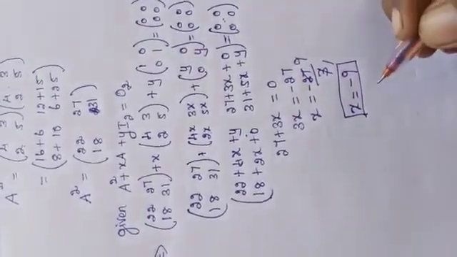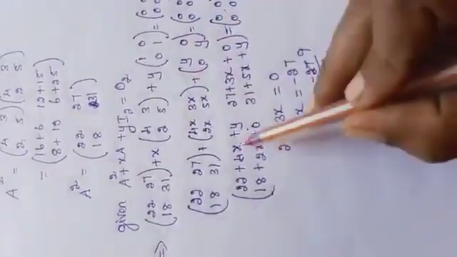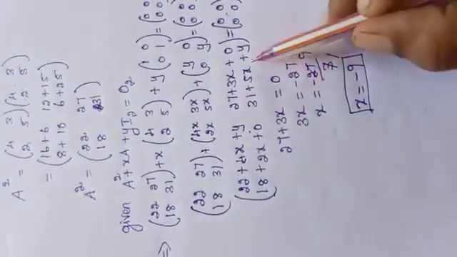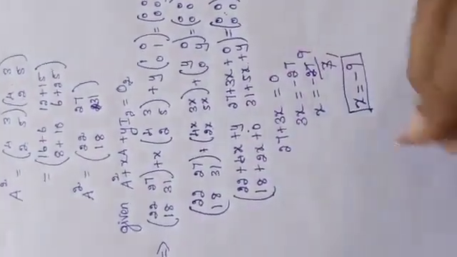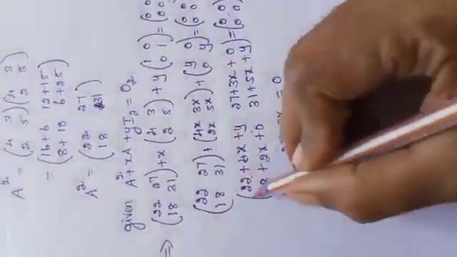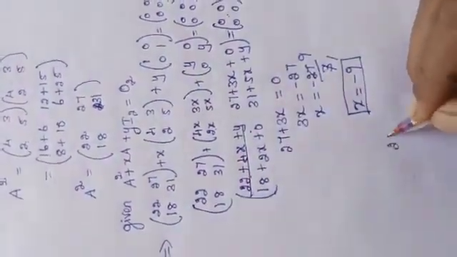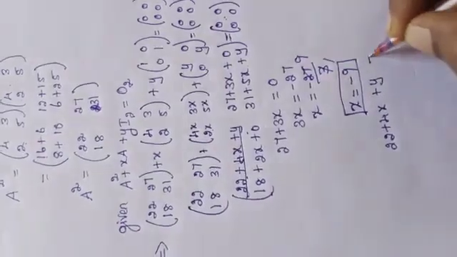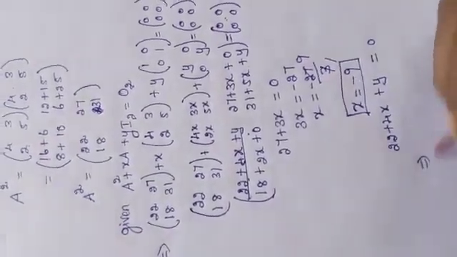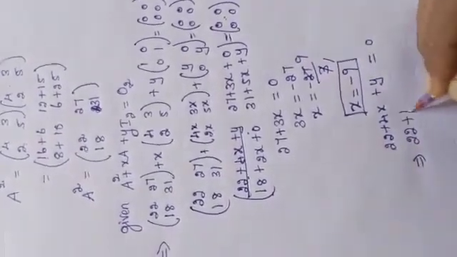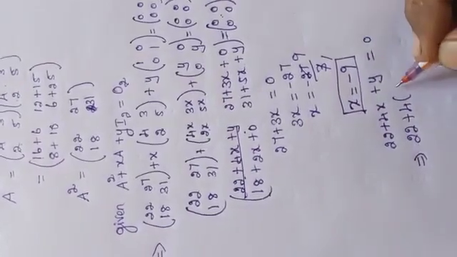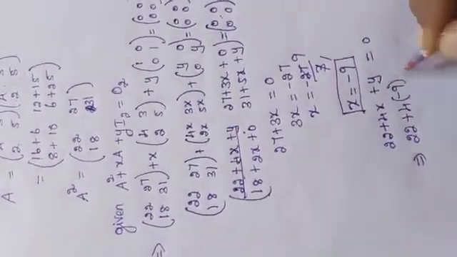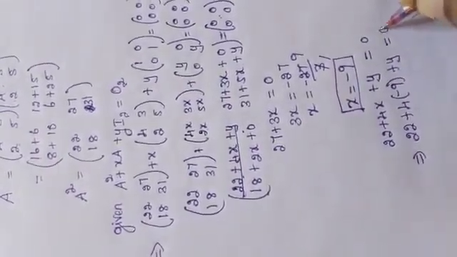Now we need to find out Y. Either you can take this value or you can take this. So let me take the first value. 22 plus 4X plus Y is equal to 0, which implies 22 plus 4 into the value of X, which is minus 9, plus Y is equal to 0.